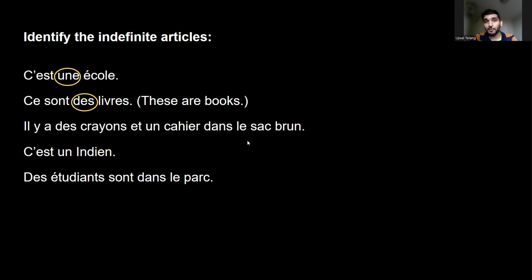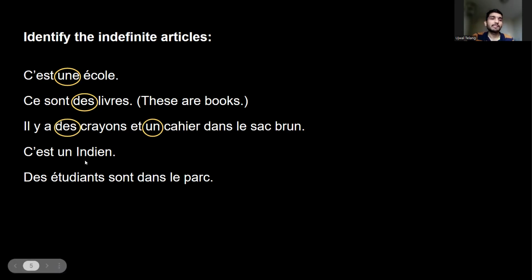No. If you've already studied some more French, you probably know that le is also an article, but it's an article défini, a definite article, because we're saying there are some pencils and a notebook in the brown bag. Here we're saying the brown bag. We know which bag we're talking about. So in this case, it's des and un.